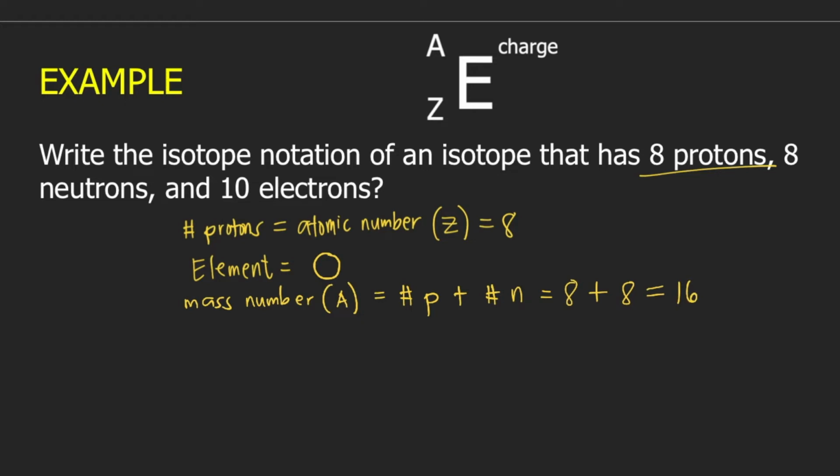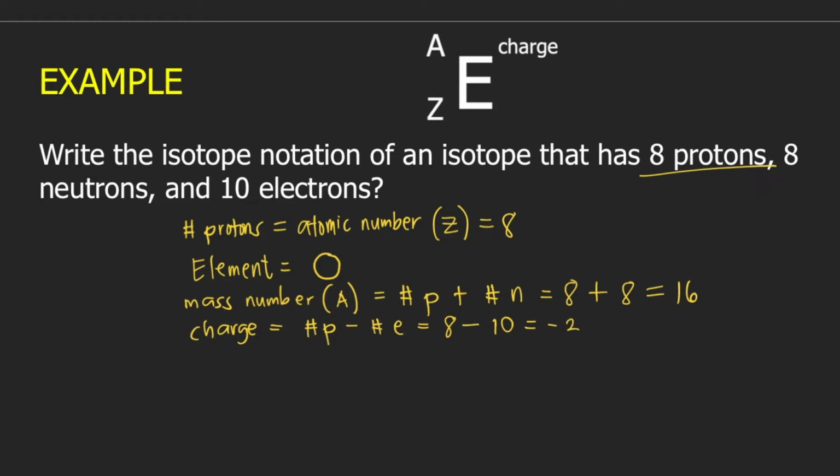And lastly, we solve for the charge. The charge, as we previously discussed, is the number of protons minus the number of electrons. The number of protons is 8 minus the number of electrons, which is 10. So 8 minus 10 is negative 2.